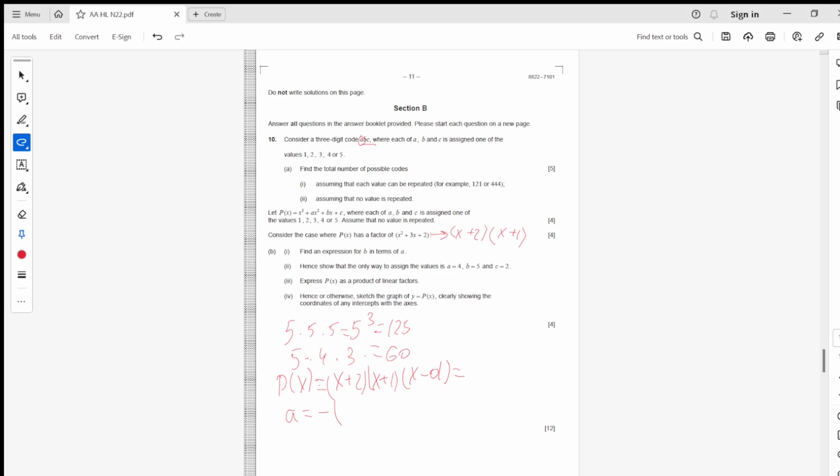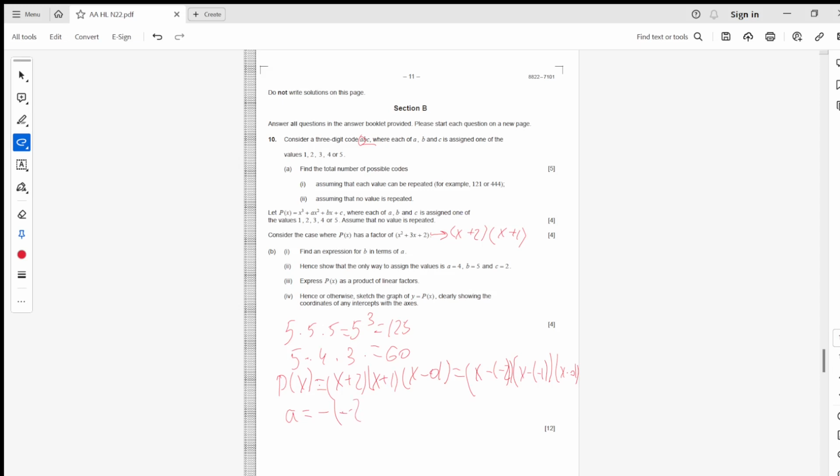Okay, and if we write this in the form that we can see our roots, it would look like this. And that is why I used x minus d.